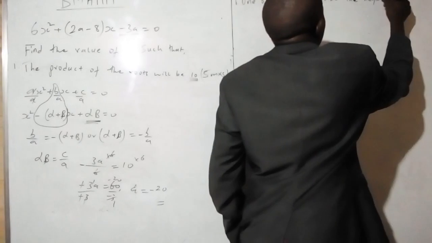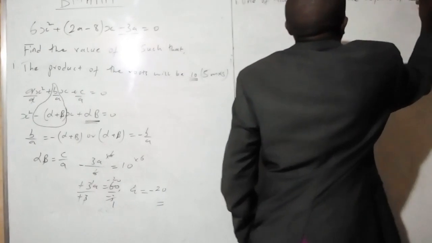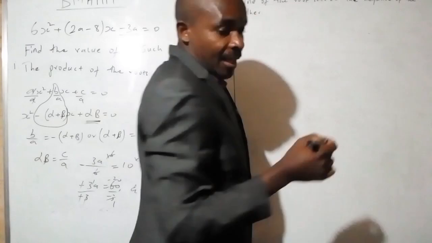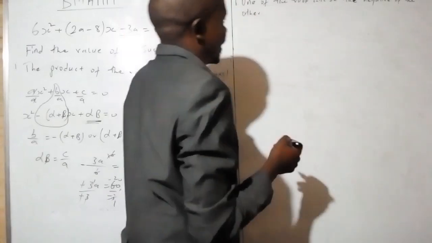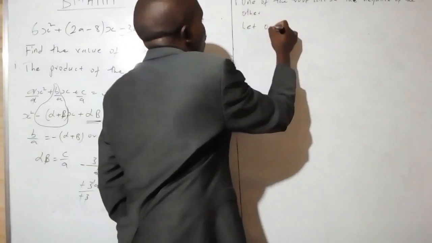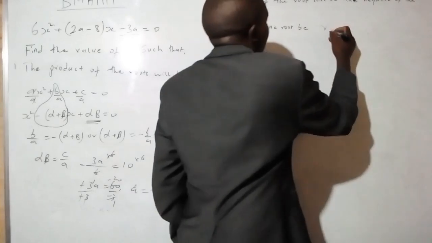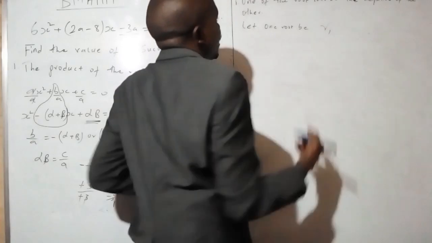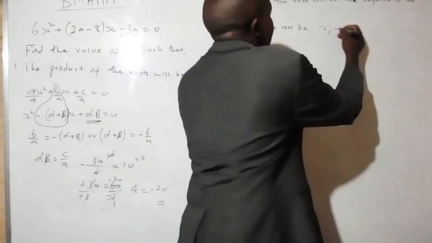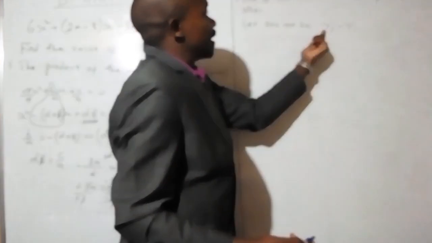Let one root be r. So if one of them is r, the other one will be negative r. One of the roots will be the negative of the other.